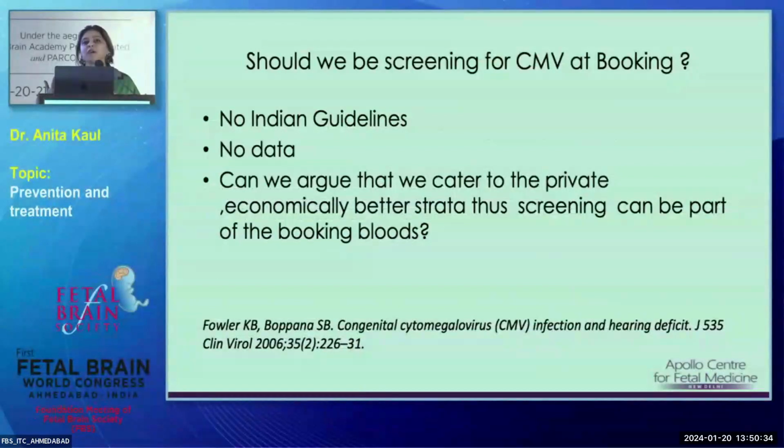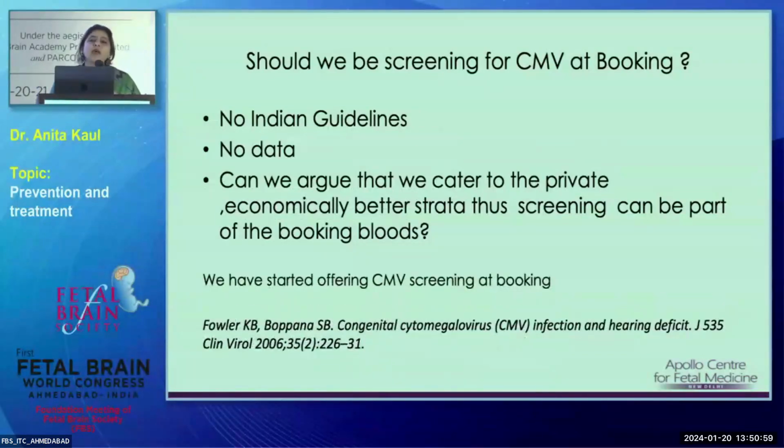And therefore, because we do not expect anytime soon any kind of Indian guidelines, because our government has other challenges, we are back again to the way we are with Down syndrome screening, that we individually need to decide: will we screen for CMV or not, and is it worth it? So at least in our unit, I think that the evidence is such that we've requested our obstetricians that from now on, please start screening for CMV.